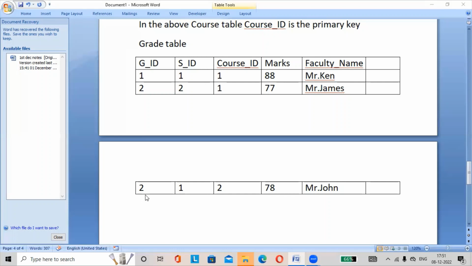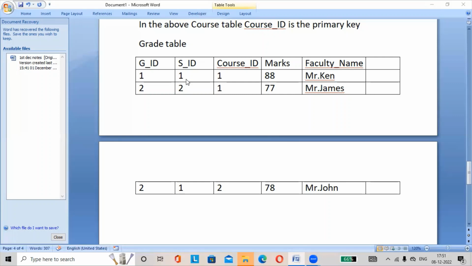If I want to get the marks of the student with student ID 1, how much are the marks? See, here it is student ID 1, here student ID 1. Here the marks is 88, here 78. Which is correct? I want to extract the student ID 1 marks. So it is a bit confusing.